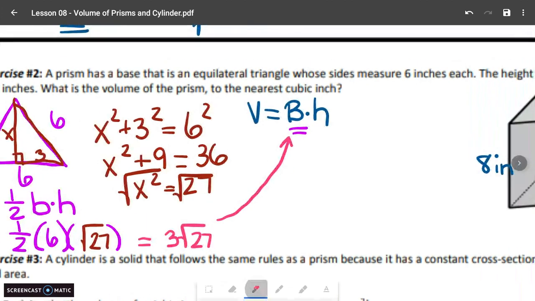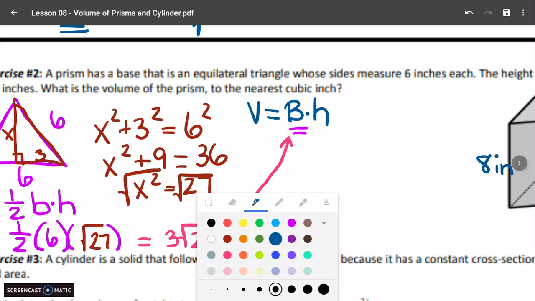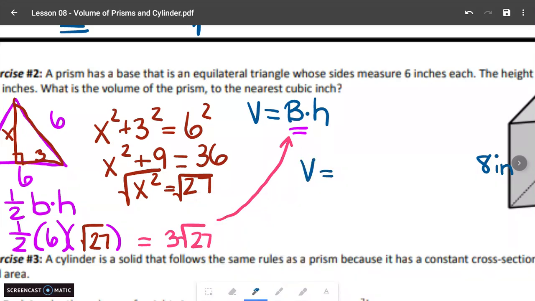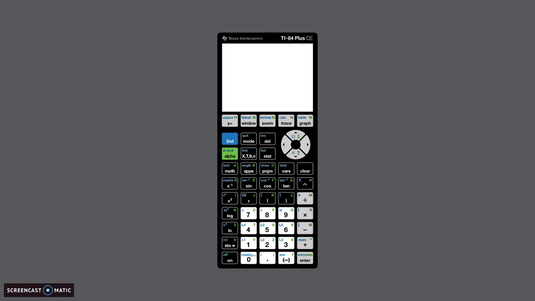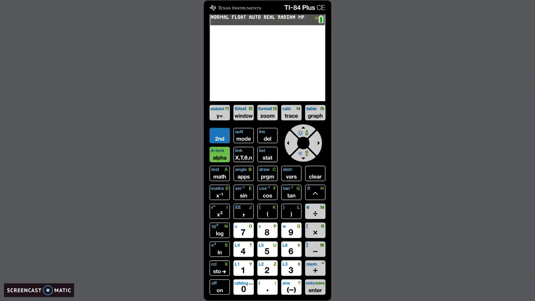So when I go to find the volume now, volume is equal to that base area of 3 radical 27 times 8. And I would let my calculator do all the work at this point, okay? So when I do that, we're looking at 3 square root of 27 times 8.